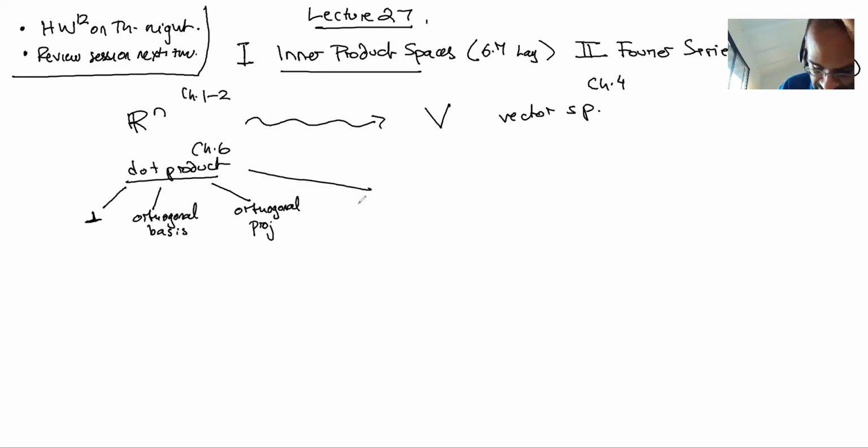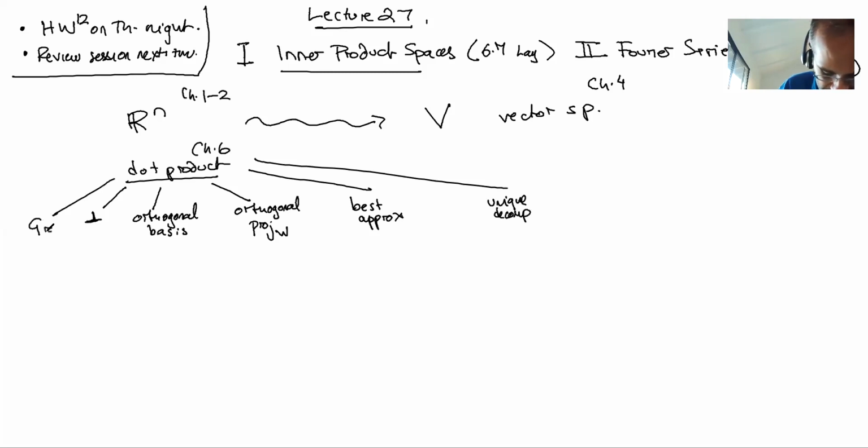Given the orthogonal projection, there are these related ideas of finding a best approximation of a vector in a subspace, or a unique decomposition of a vector. And then there was the Gram-Schmidt algorithm. And then there was the associated concept of a norm.